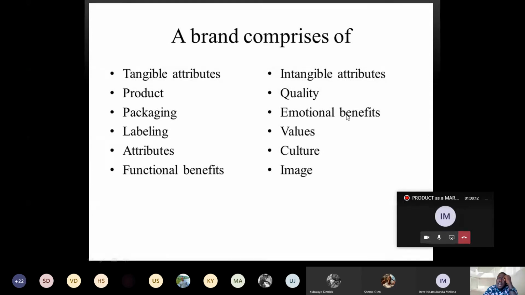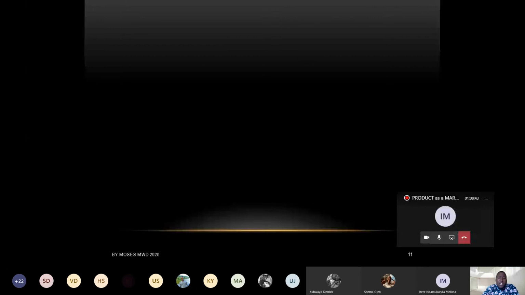You feel like when you buy from a reputable supermarket and people see you moving out from there, even if you bought just a small item, you feel like you are high, you are the best. Those things are emotions. It talks about feelings, values, culture, respecting people's cultures, the image. So these are the examples of tangible and intangible attributes. And the analysis comes here.